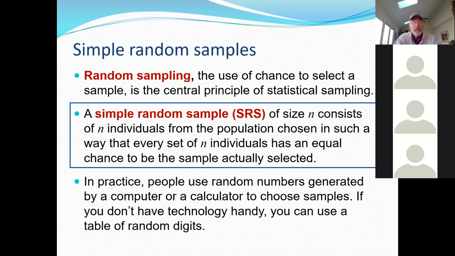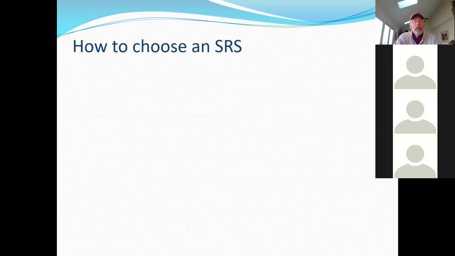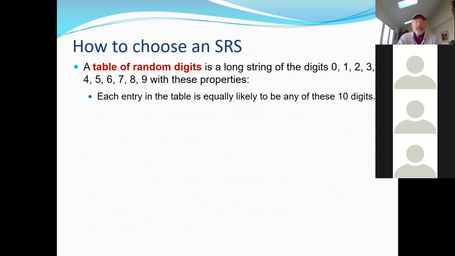So let's take a look at something like that. A random digits table obviously has 10 different digits from 0 to 9. Each entry is equally likely to occur out of the 10 digits.